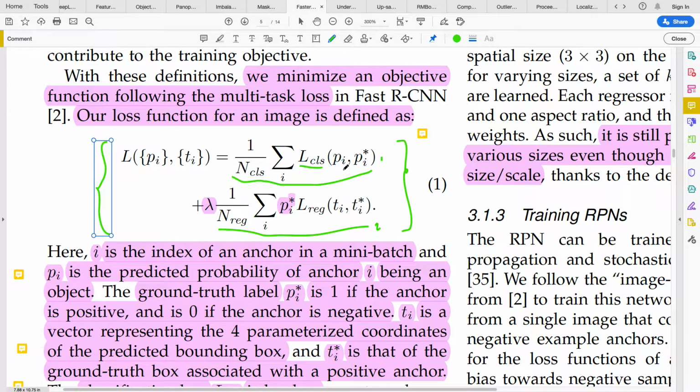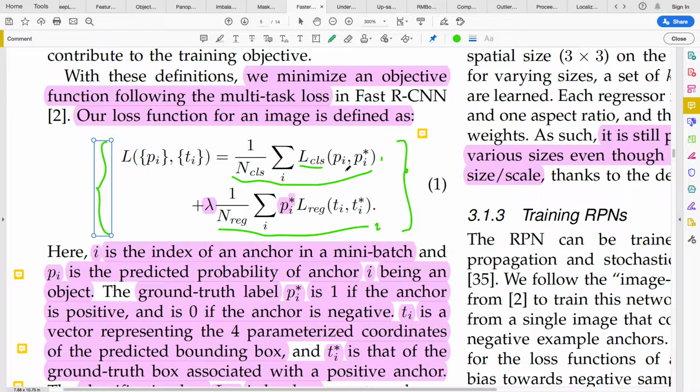The p_i is the predicted probability of our model, the predicted probability that an anchor box actually contains an object.